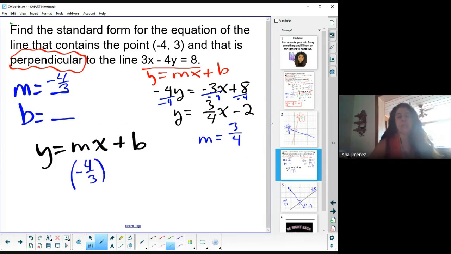And then we're going to use the point that they gave us. This is an x, y point. And so my x is -4, my y is 3. So instead of y here, I'm going to write a 3. And instead of x here, I'm going to write a -4. And everything else comes down. So the equal sign comes down, the plus sign comes down, and the b also comes down.